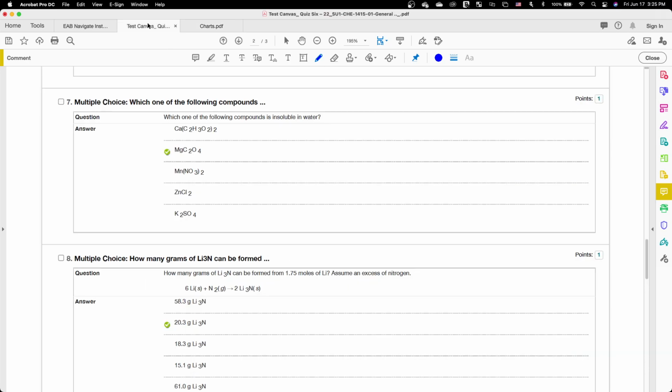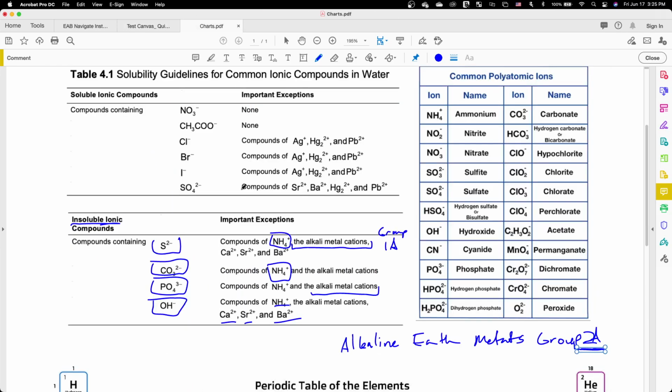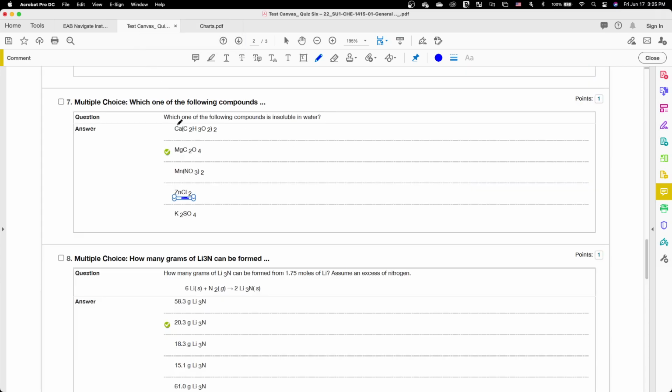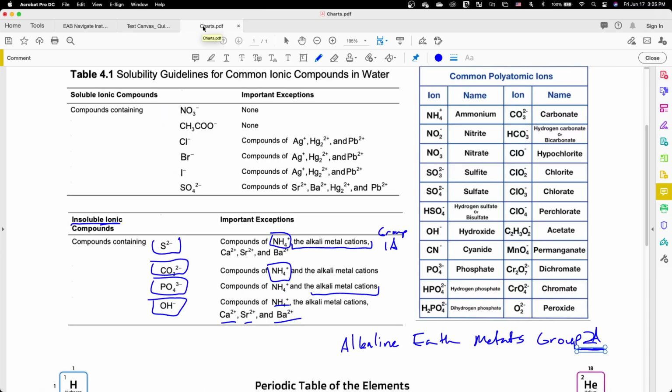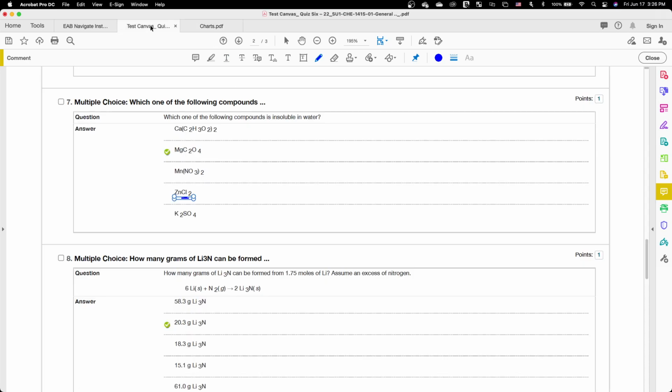So if you go back to this one right here, you know that all chloride compounds are soluble, because on the chart it says chloride is soluble. Then, is acetate listed? Yes, acetate's right here. All acetate compounds are soluble too. So it can't be that one or that one, because we're still looking for an insoluble.